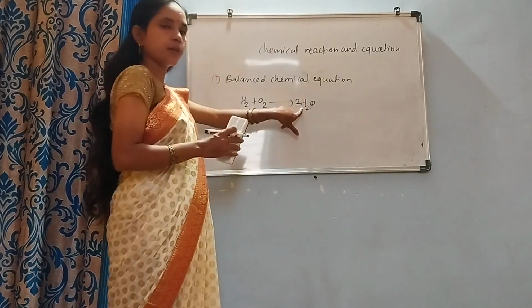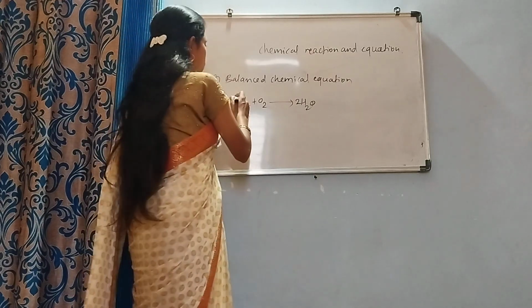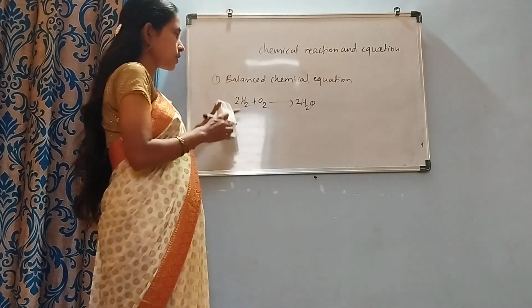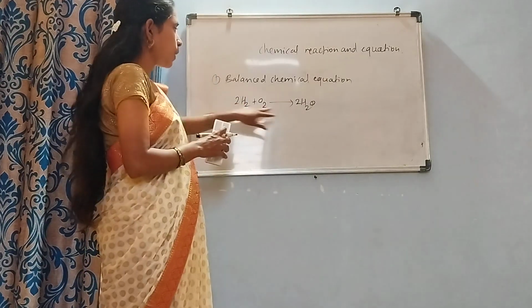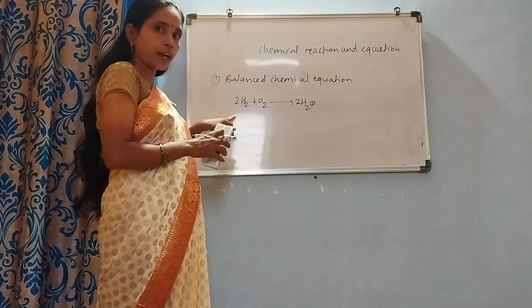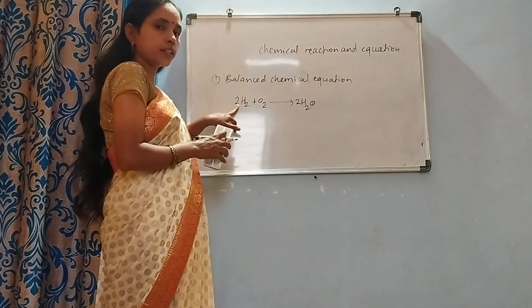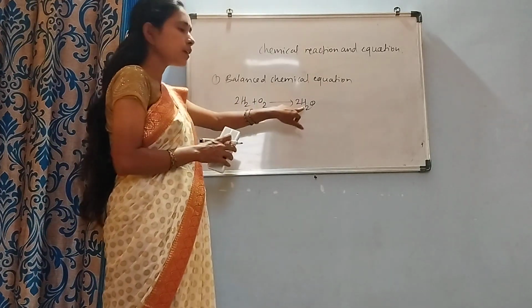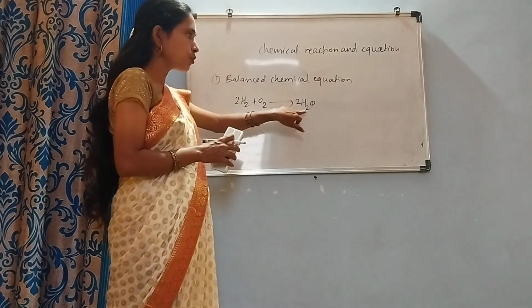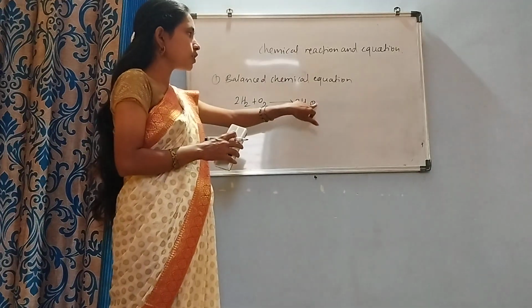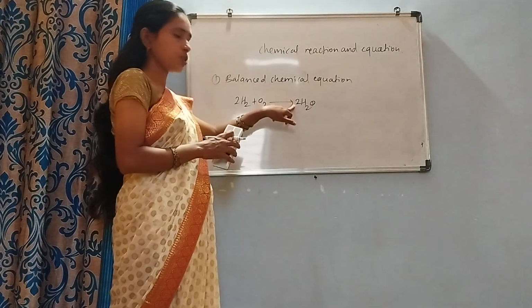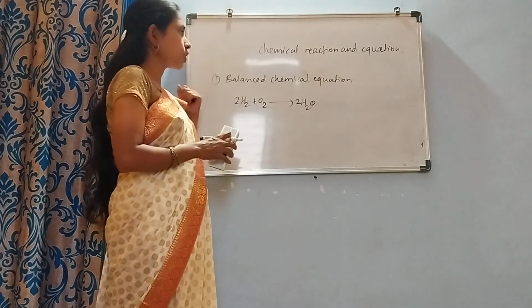Now four hydrogen it becomes, so again we have to balance it. We take two H2 here, so it will get balanced. Now we can say it's a balanced reaction, because in the reactant four hydrogens and two oxygens are there, and in the product also four hydrogens, 2 into 2, 4, and two oxygens. So now this is called a balanced equation.